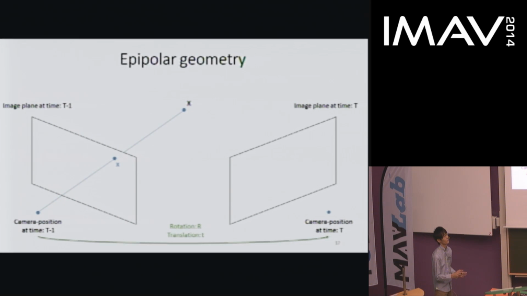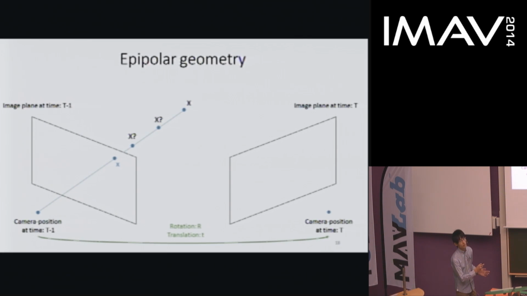This camera motion is parameterized by the rotation matrix R and the translation vector T. These R and T are estimated by PTAM, as I mentioned, and what we want to do now is to predict where this point X can be found in the second image. At this stage, we have no information about the depth or distance to the point X. So X may be here or at other points along this line.